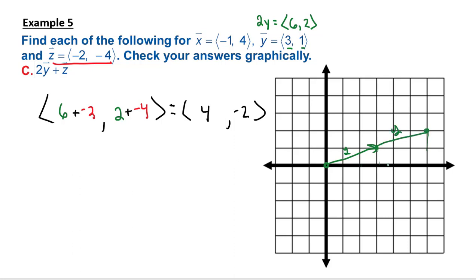So that's another y. Then my z, starting at the tip here, I go left 2 and down 4. So this is vector z. So what's my resultant? +4, 1, 2, 3, 4, down 2.